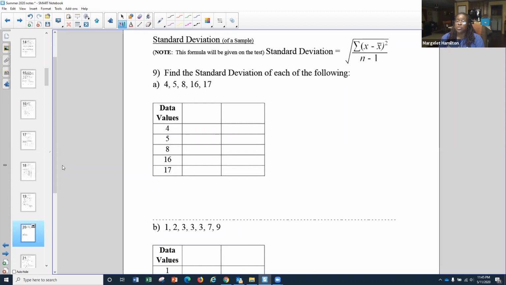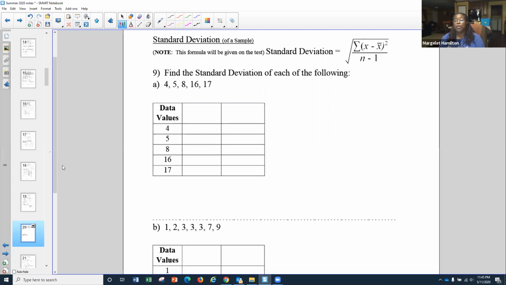You should just use the one that's here in your notes, for our sample. This formula will be given to you on the test. So you don't have to memorize it. You don't have to know it. I'm going to give it to you on the problem that you're going to be working, right?